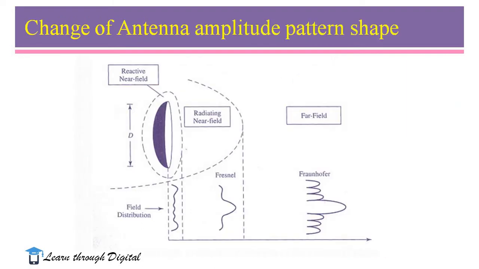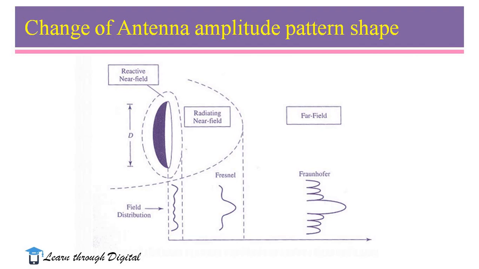Next we see how the amplitude pattern changes with respect to the observation distance from an antenna. We consider this figure, a parabolic reflector with the largest dimension D. Once we observe near the antenna, that is in the reactive near field region, the field distribution is more spread out and nearly uniform with slight variations.